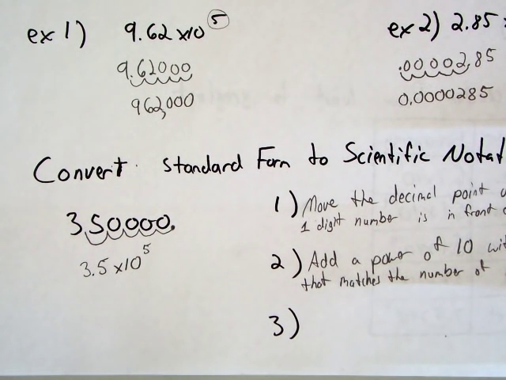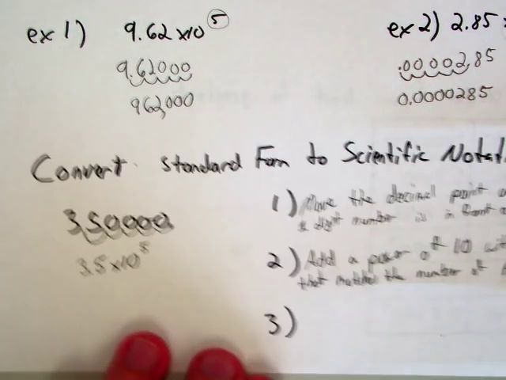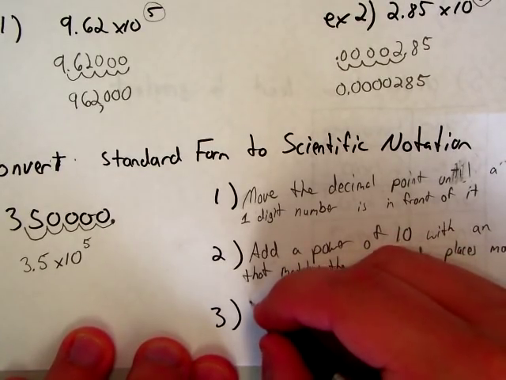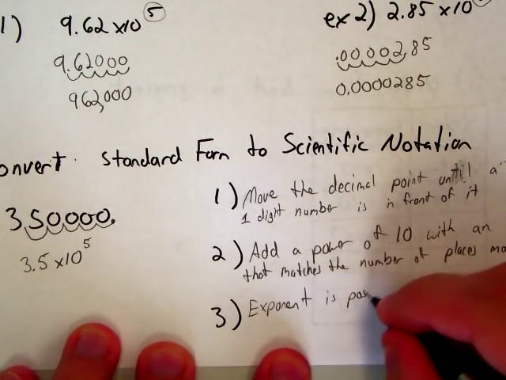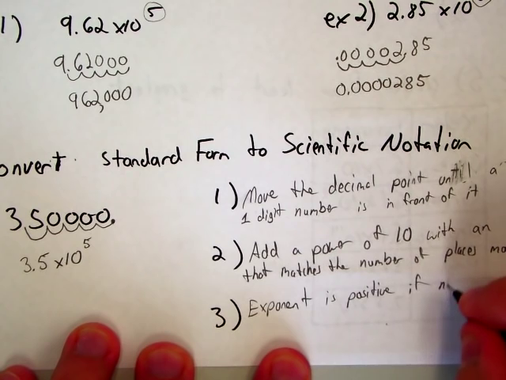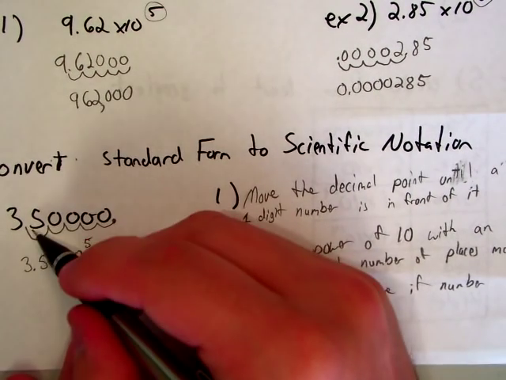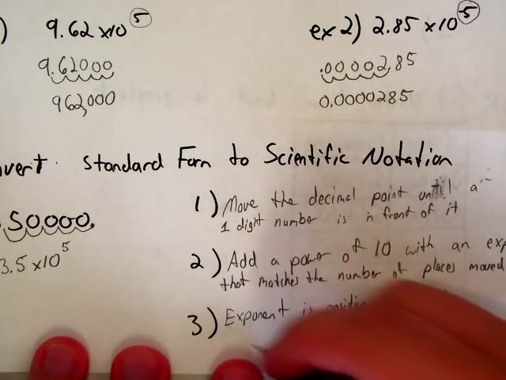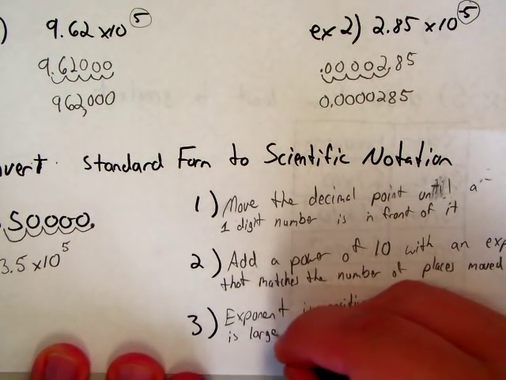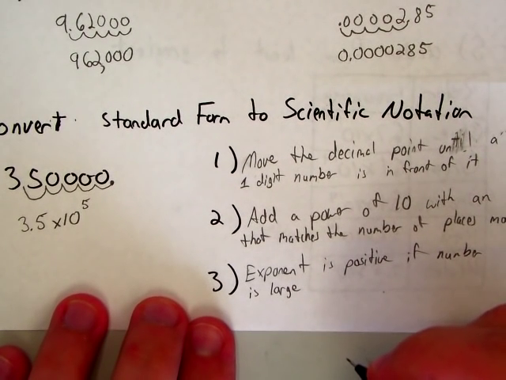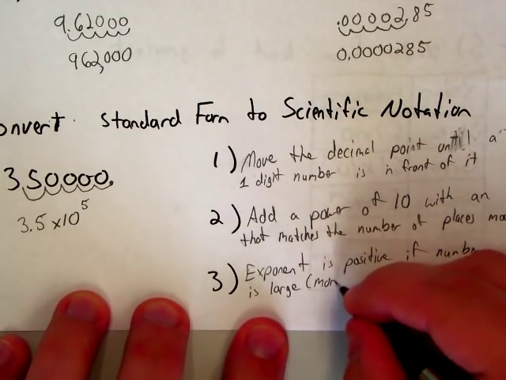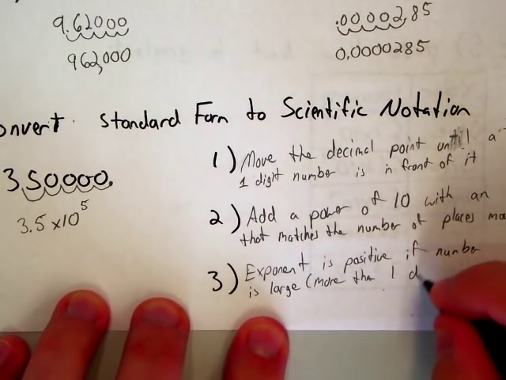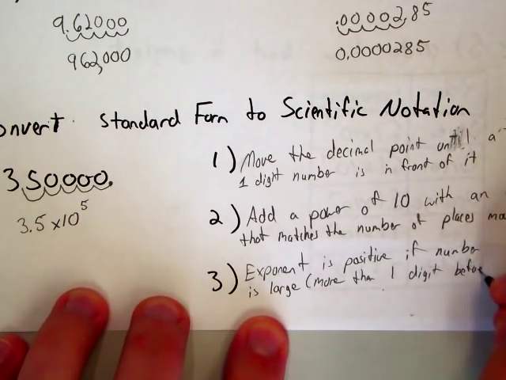And then the last thing that we have to do is we have to determine whether that exponent is positive or negative. So the exponent is positive if the original number, this 350,000, is large. Essentially what I mean by large is more than 1 digit before the decimal.